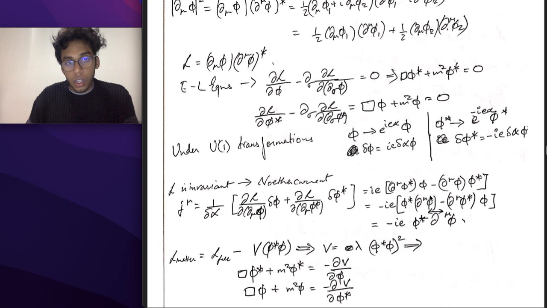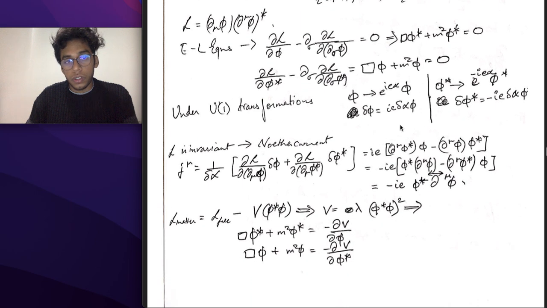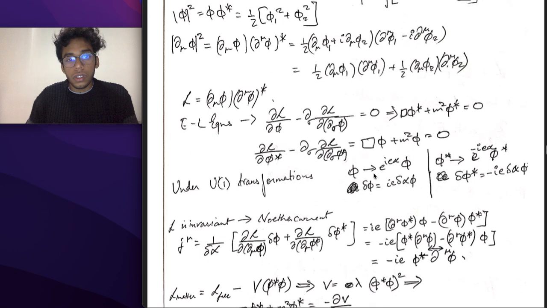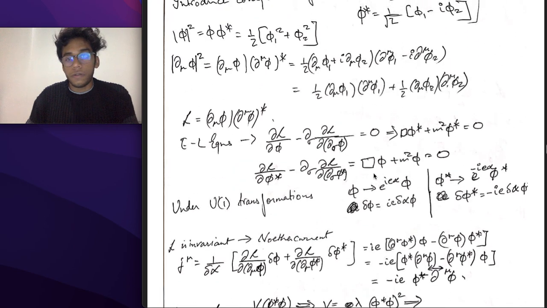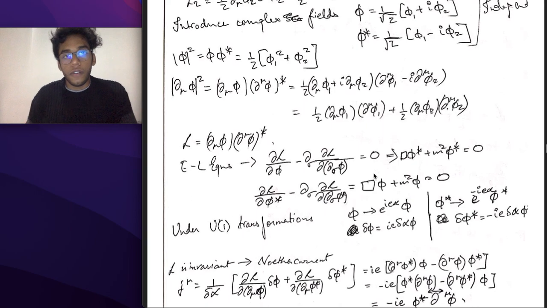Now under a U(1) transformation, which is basically a gauge transformation, you see that your Lagrangian is invariant, and you find out your Noether's current, right? And this is for just two massive scalar fields.